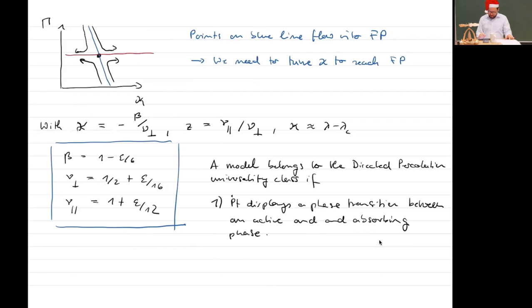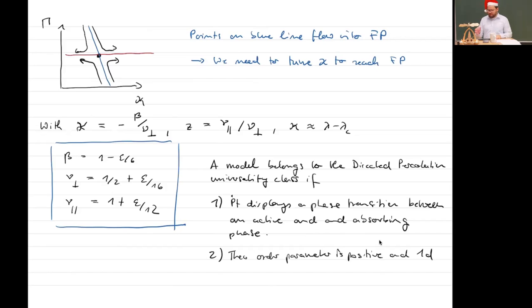The absorbing point was when the disease got extinct. The second is the order parameter is positive. And the system has a one-dimensional order parameter.